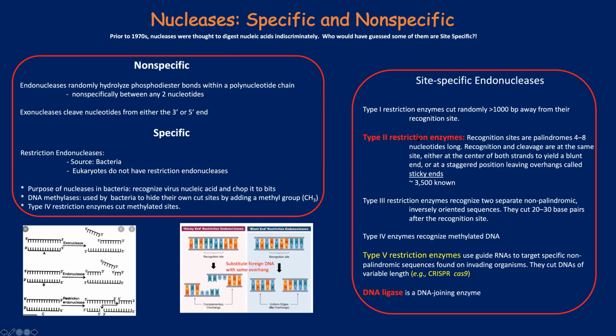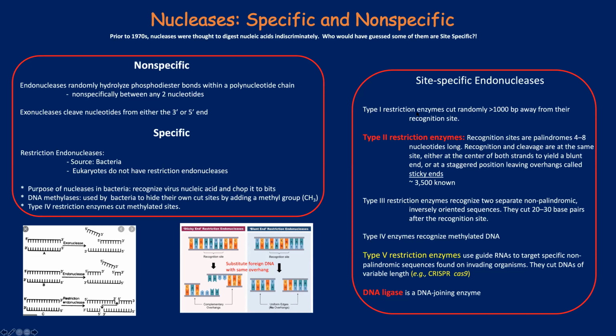I've got type 2 in red because it's the type 2 restriction enzymes that are most useful because of the way they act. Their recognition sites are palindromes of 4 to 8 nucleotides in length. And significantly, they cut at the same site that they recognize.